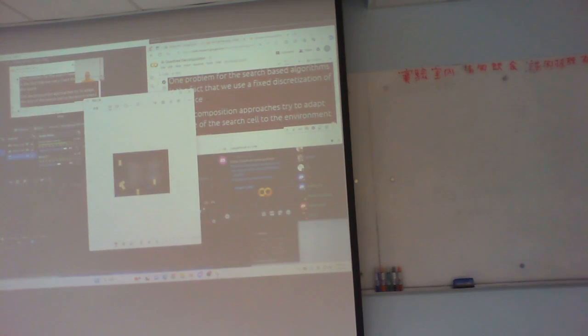If I wanted to take this space and represent it, then I would end up with this kind of shape, a trapezoidal shape, if I wanted to match that exactly.